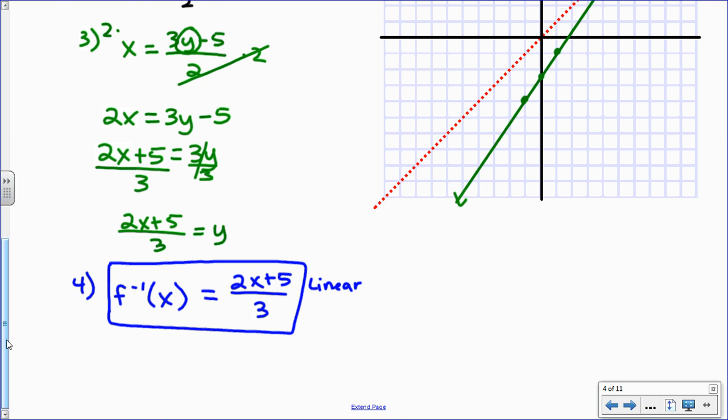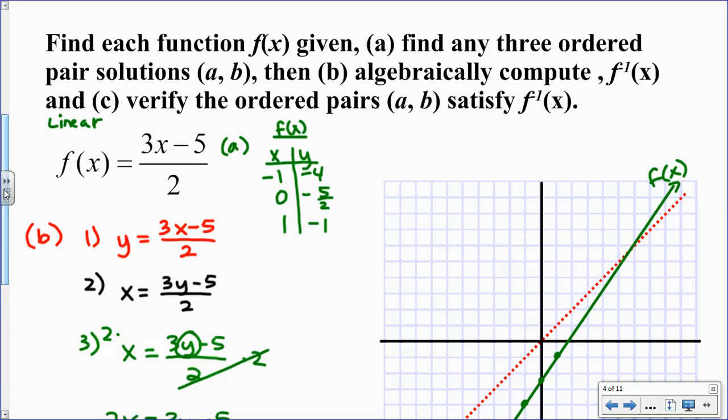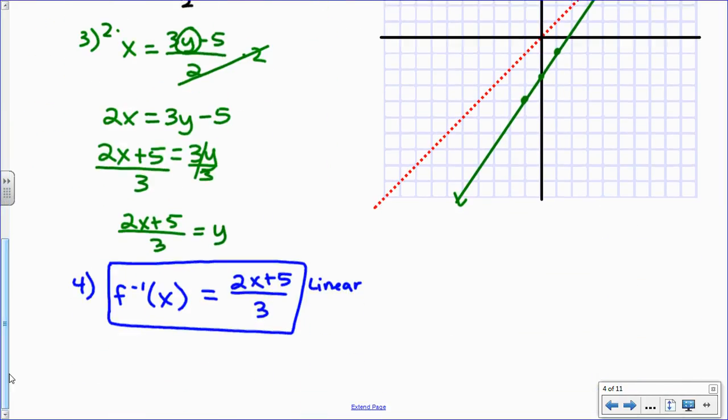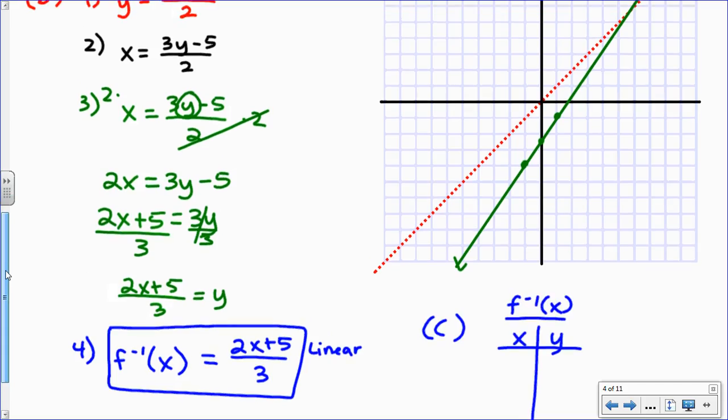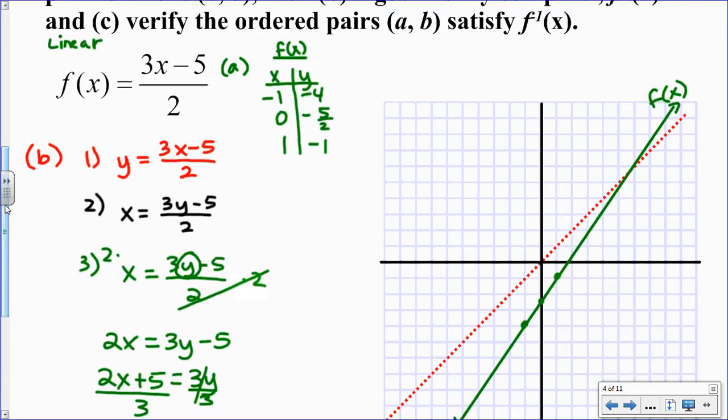And I'll graph it. But it wants me to, this is part C here, verify the ordered pairs satisfy f inverse of x. So, what do I need to plug in for my x values? Right, I'm plugging in the y's for x.